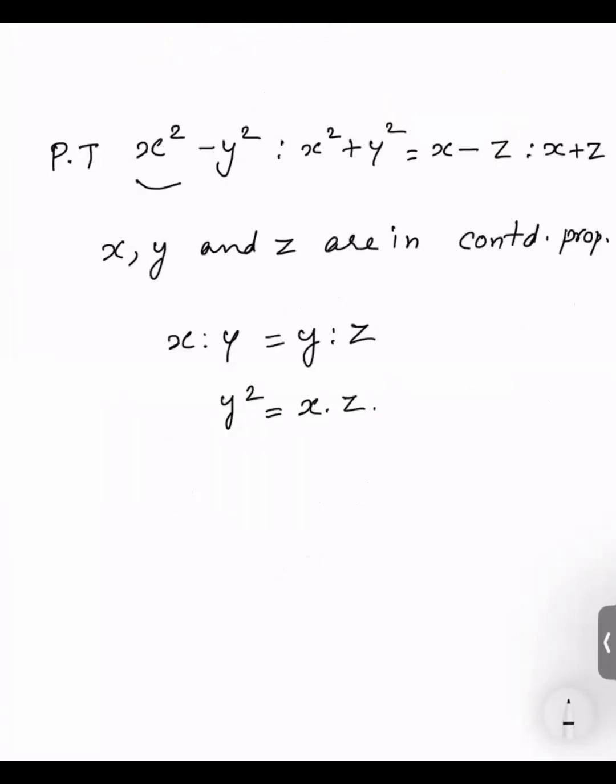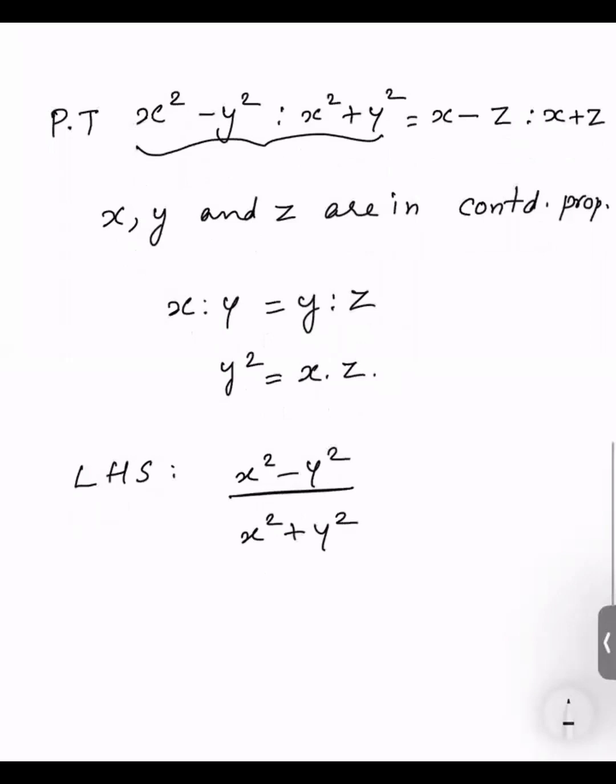I have to prove this is equal to X minus Z is to X plus Z. Right? So what I'll do is I'll start with LHS. My LHS is X square minus Y square divided by X square plus Y square. Now substitute the value of Y square in LHS.